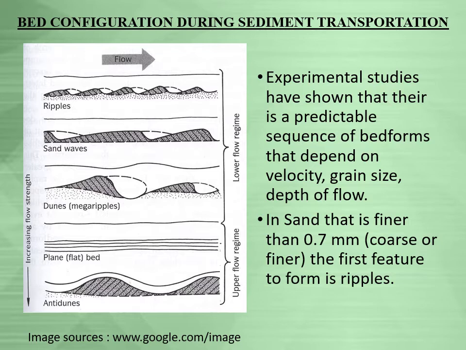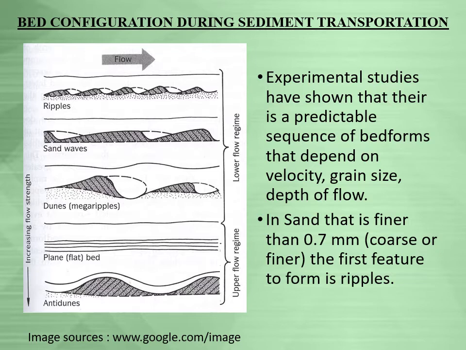Basically, not only these sedimentary structures, but any sedimentary structures are best formed in non-cohesive sediments, particularly medium grained sands in which the diameter is almost 0.6 to 0.7 millimeter.